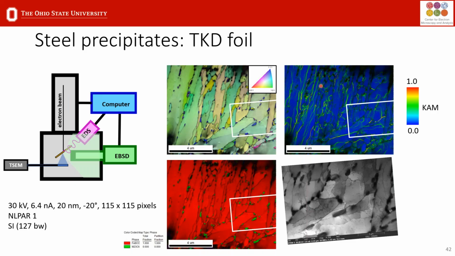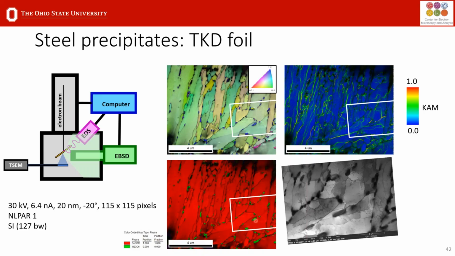On the right here, for that same TKD map that we performed, we did the kernel average misorientation, and we stretched the angular scale all the way only from 0 to 1 degree, and you can get these low angle grain boundaries that map out quite clearly.